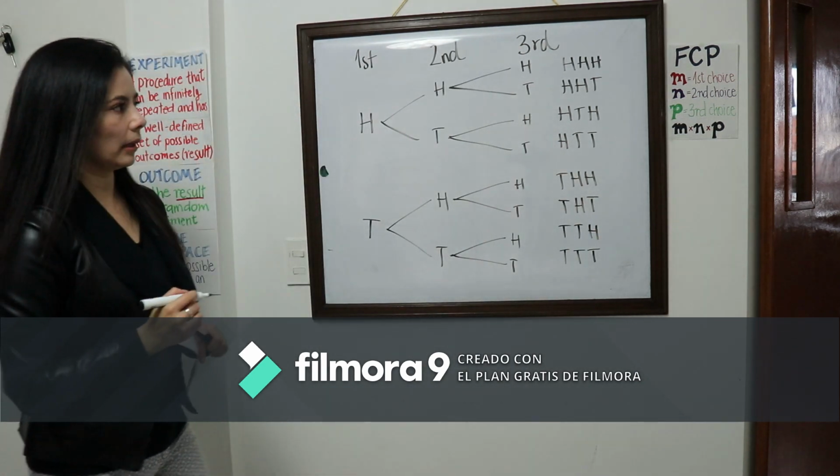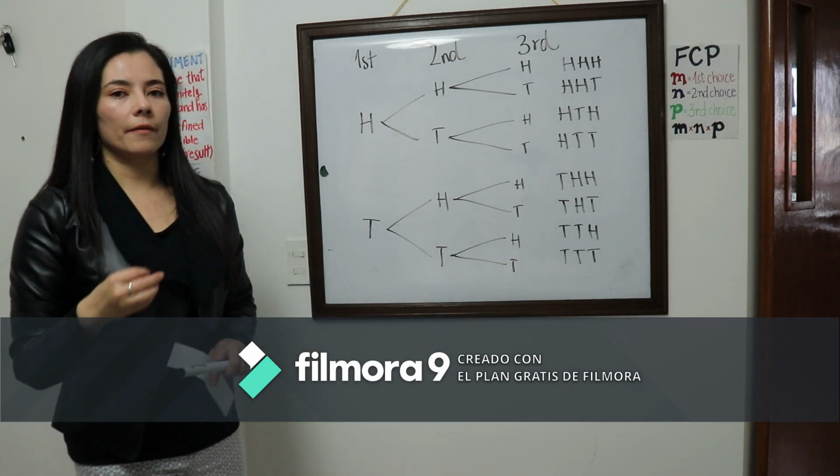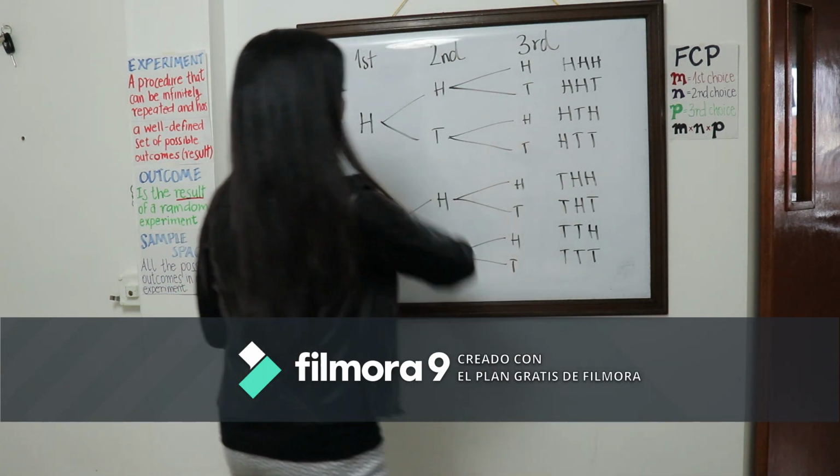So that is going to be my list. See? All of these options, we have them when we want to represent the sample space. This is going to be my sample space.